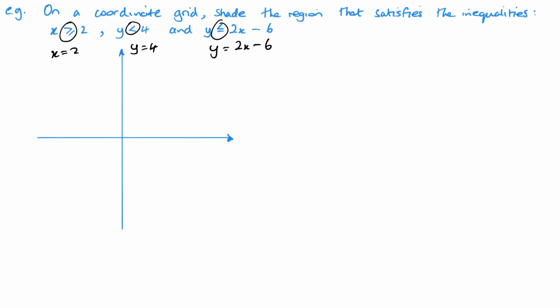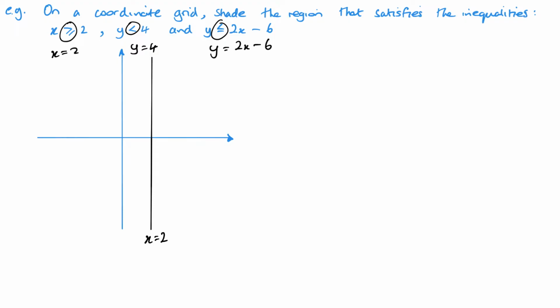So let's have a look at the first one, x equals 2. A lot of these you should know how to draw, they shouldn't be too difficult. We'll have something like this, x equals 2, a nice solid line. I'm going to draw this in black so it stands out nicely. So that's the line x equals 2 there.